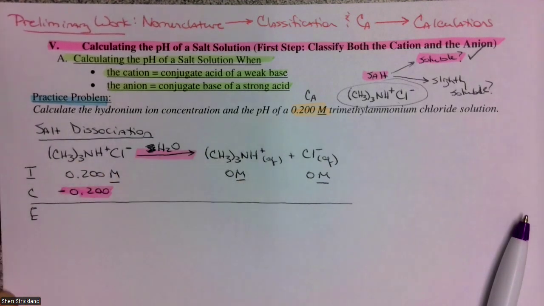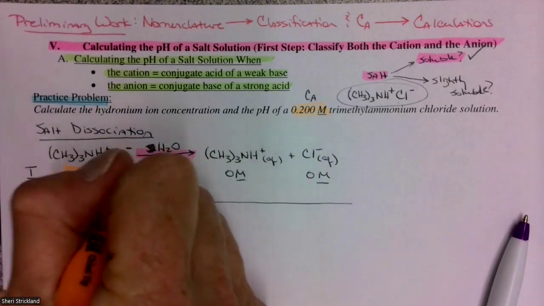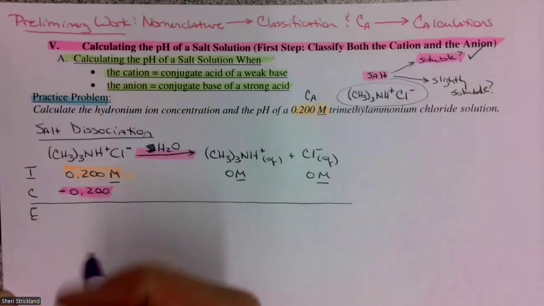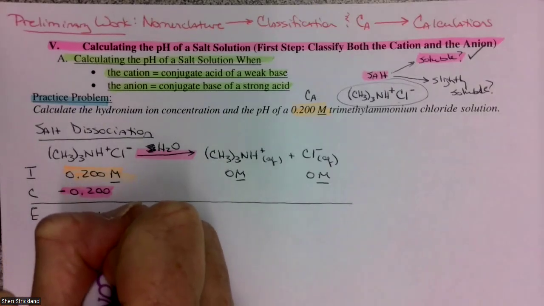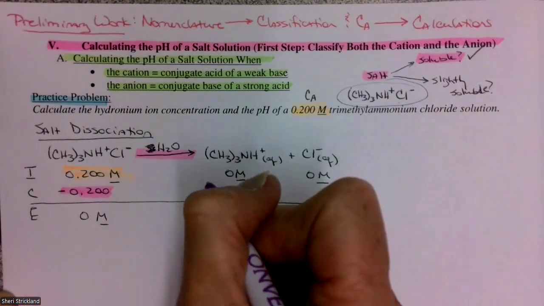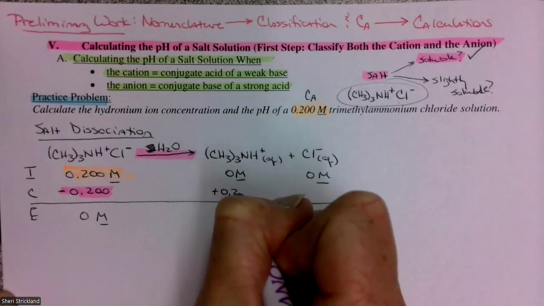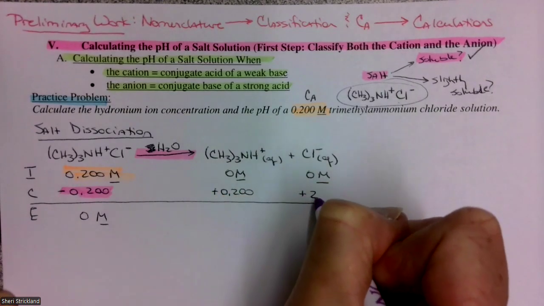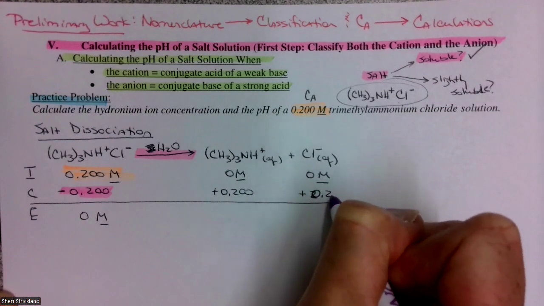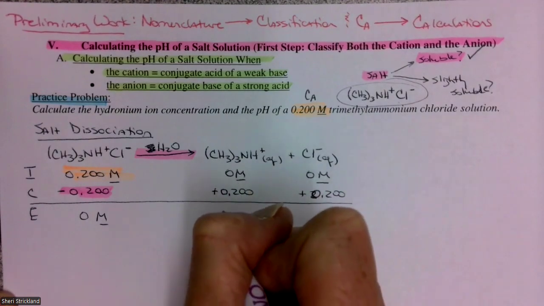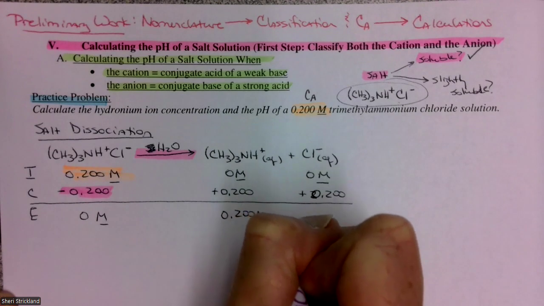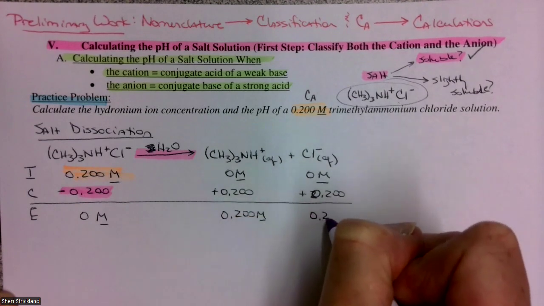Right? So when we reach equilibrium, there's none of this, but we do have some of these. So this is 0.200 molar, and so is this.